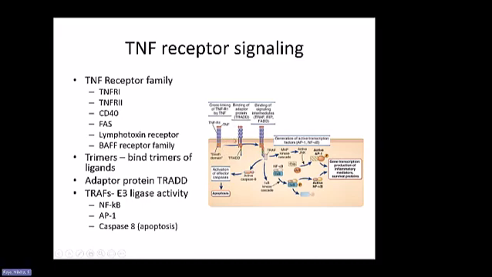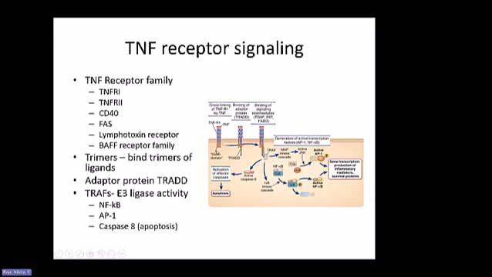That domain then binds to an adapter protein called TRADD. And that TRADD then binds to TNF receptor associated factors, TRAFs. Those TRAFs have E3 ligase activity, and that helps in activation of caspases. Those caspases can lead to apoptosis.